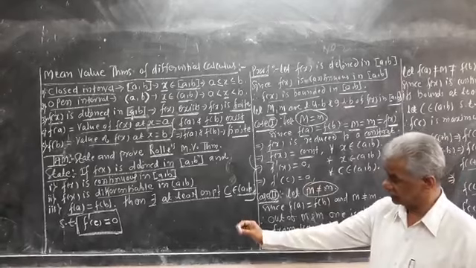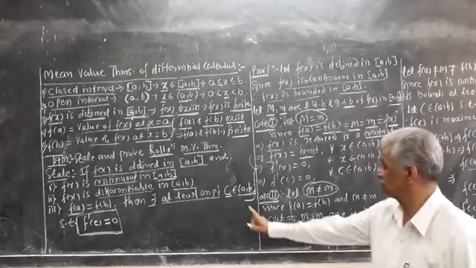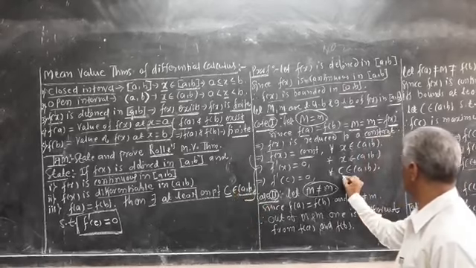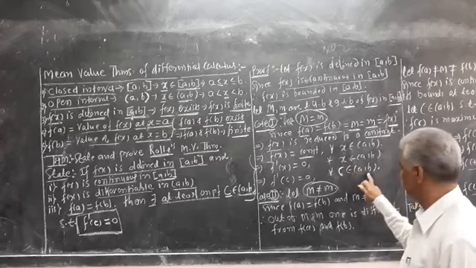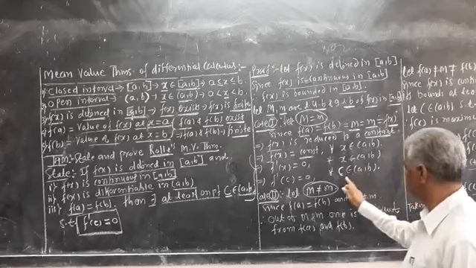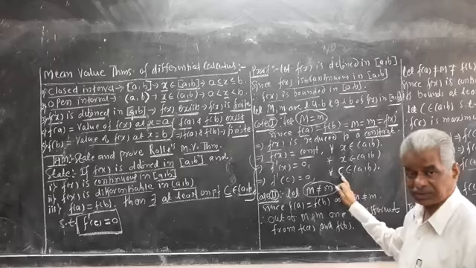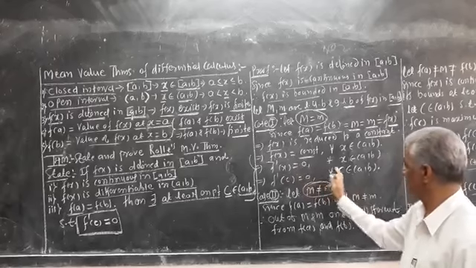But we have to get f dash c, where c is any point in AB. When we consider c as any point in AB, we shall consider the value of f dash at the point c. Means replace x with c.